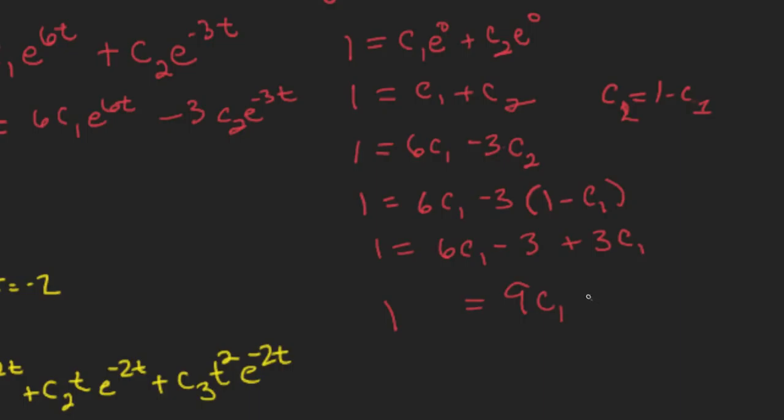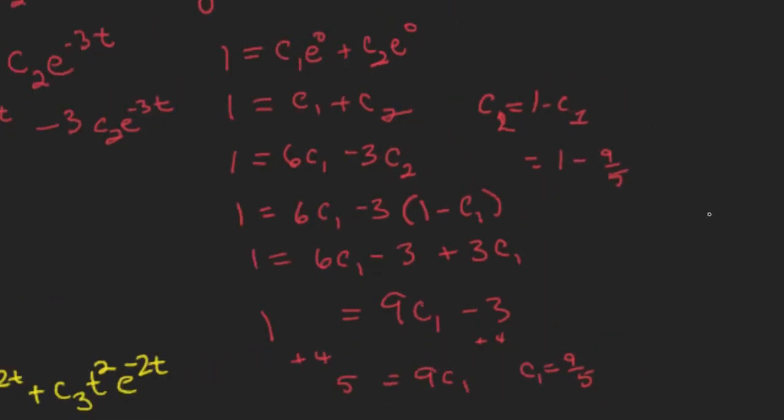And then you would need to add this 3 over both sides. So c1 equals 9/5. Then you plug into there, and you'd get c2 is equal to -4/5.